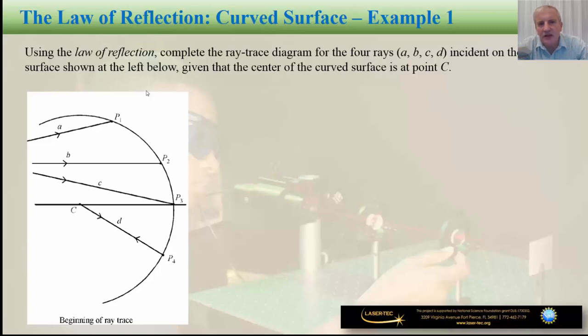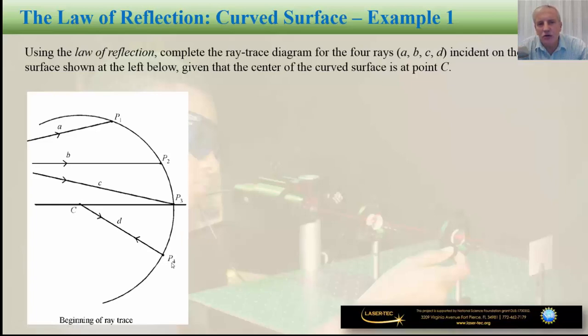By ray trace diagram we mean the establishment of the reflected light rays that would be the result of the reflection of the light rays A, B, C, and D off of this concave curved mirror. As you can see, we have already established the points of reflection: point P1 for light ray A, P2 for light ray B, P3 for light ray C, and finally P4, the point of reflection of light ray D.